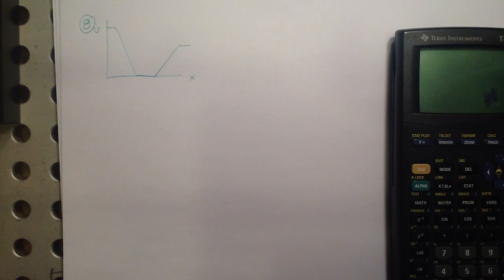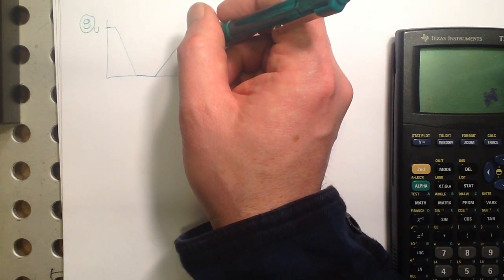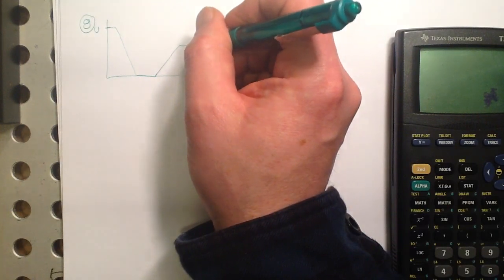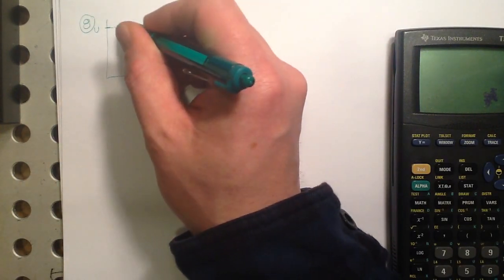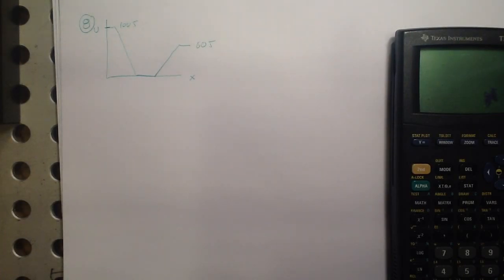So this graph shows potential energy of a solid ball that can roll along an x-axis. The scale on the u-axis is set by, this is 100 up here, and so this is 60. And the ball is uniform, so that means it is a solid sphere, right?